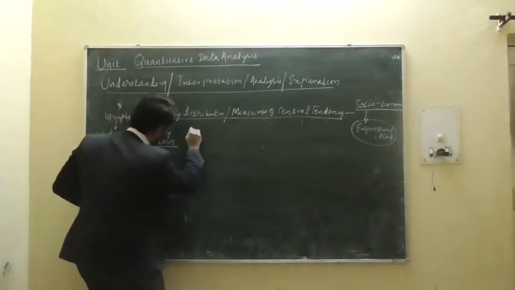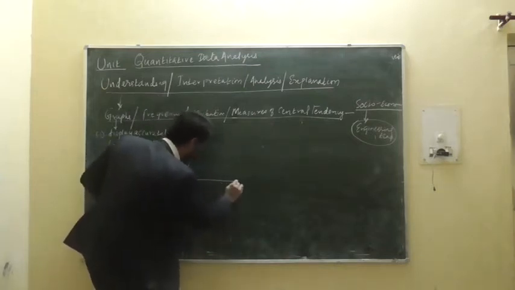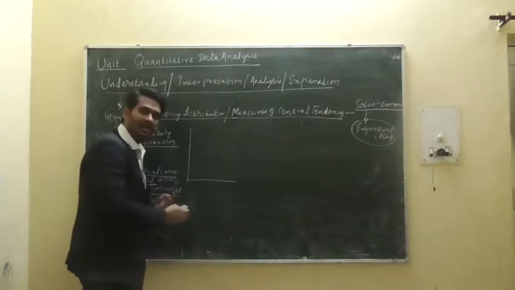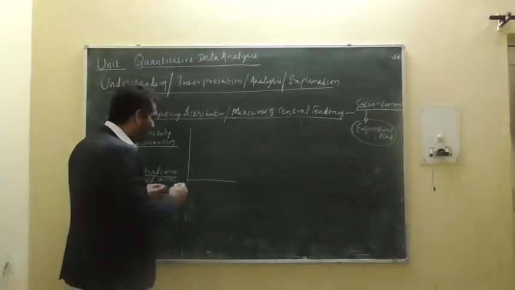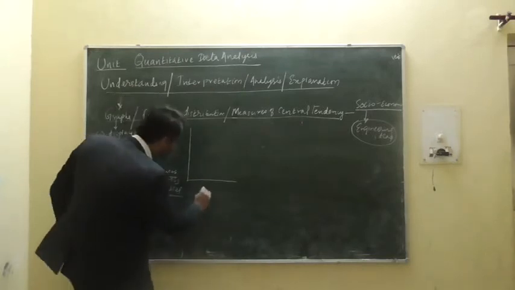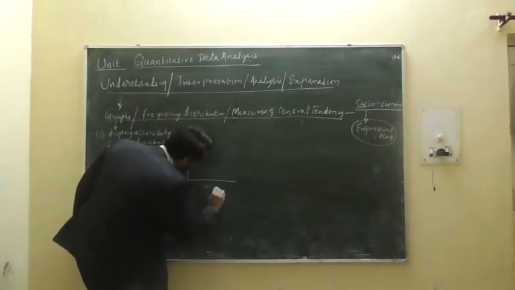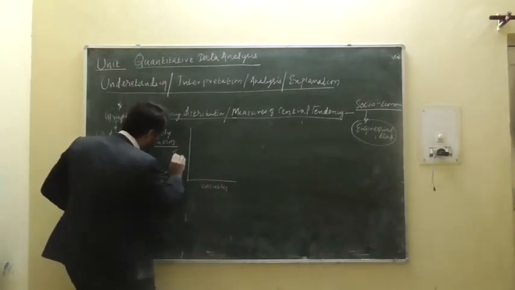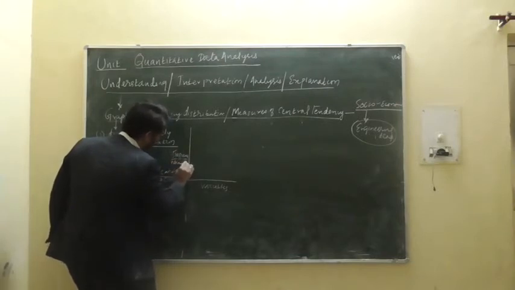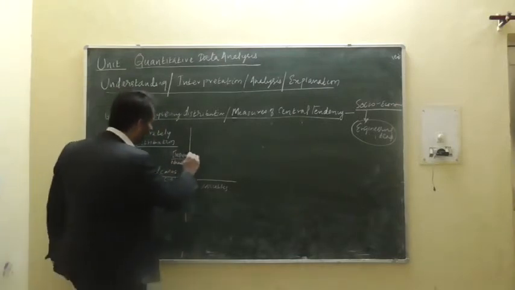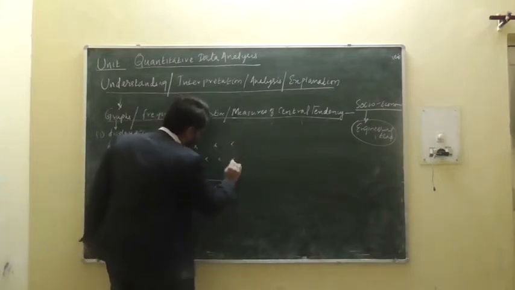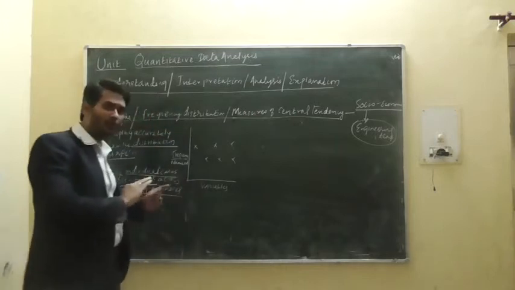The graph is a kind of representation which has two sides. One is the vertical side, and the other is the horizontal side. Here the variables would be placed, and here the numbers, the frequencies, would be placed. So you will be able to see the different distributions of data.